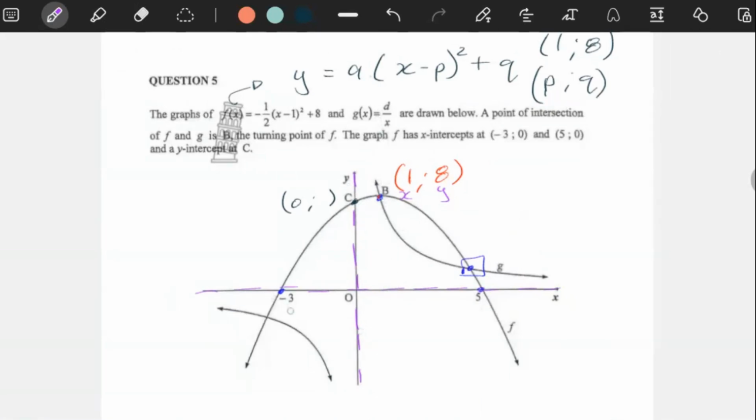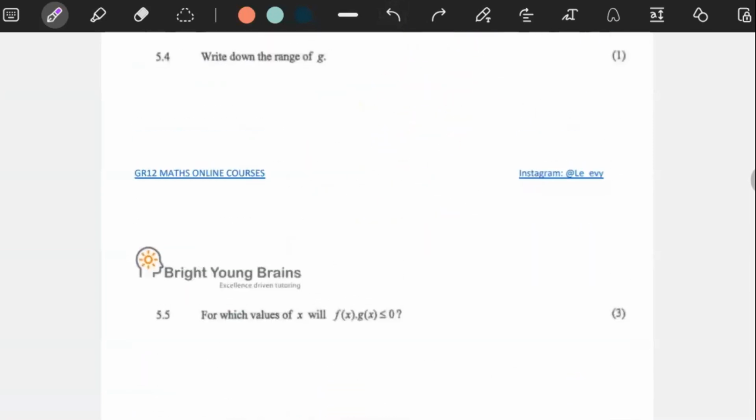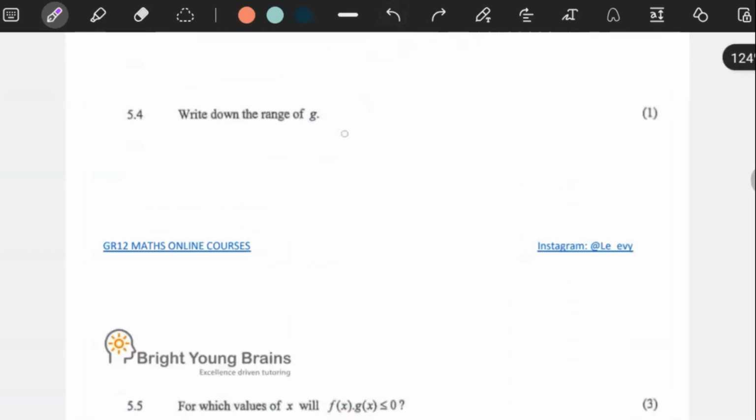It will also go everywhere downwards until negative infinity. The only y value it doesn't touch is 0. Otherwise, all positive y values, it has something for that. And then all negative y values, it has something for that. So our answer here, you're just going to say y is an element of R, however, y is not equal to 0. Then you're going to get 1 mark for that.